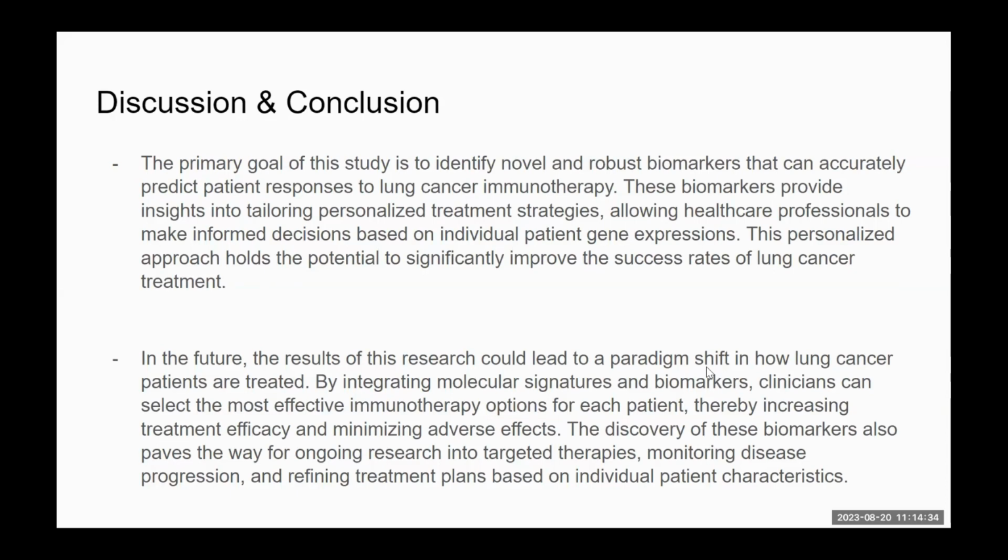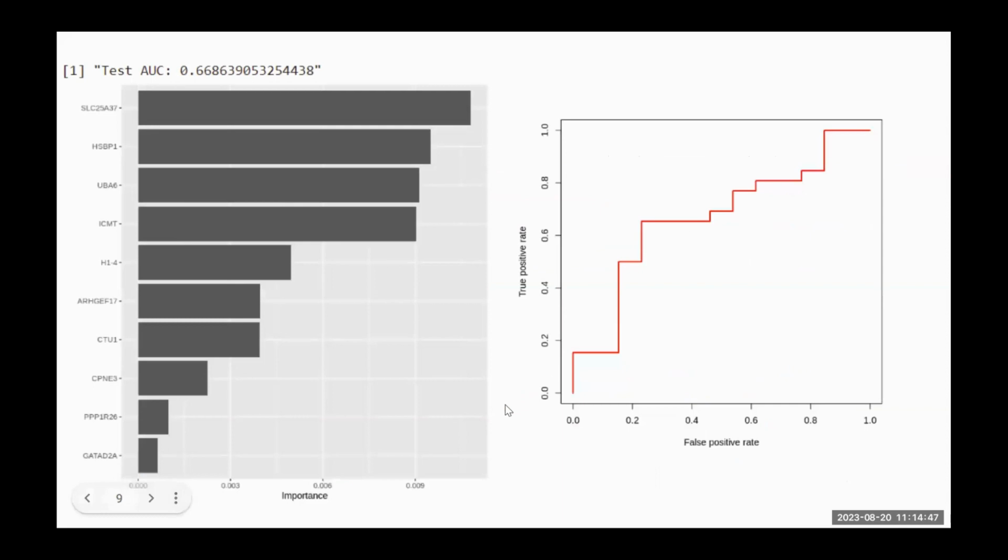The AUC and ROC, a little bit more. ROC means receiver operating characteristic, showing the model's performance across different classification thresholds.